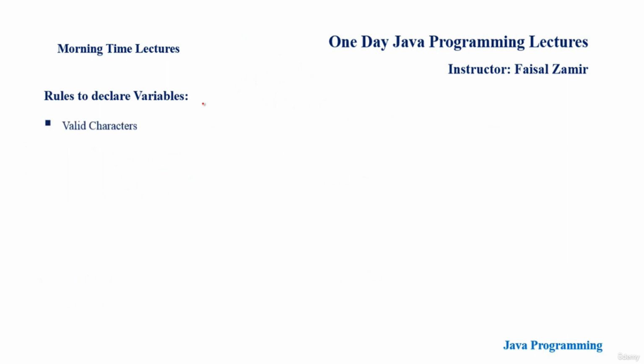So, valid characters. In your variable name, for example, my variable name is firstName. In your variable, you can use alphabets, uppercase and lowercase both. Also, you can include numbers. For example, my variable name is myValue123. That is valid.